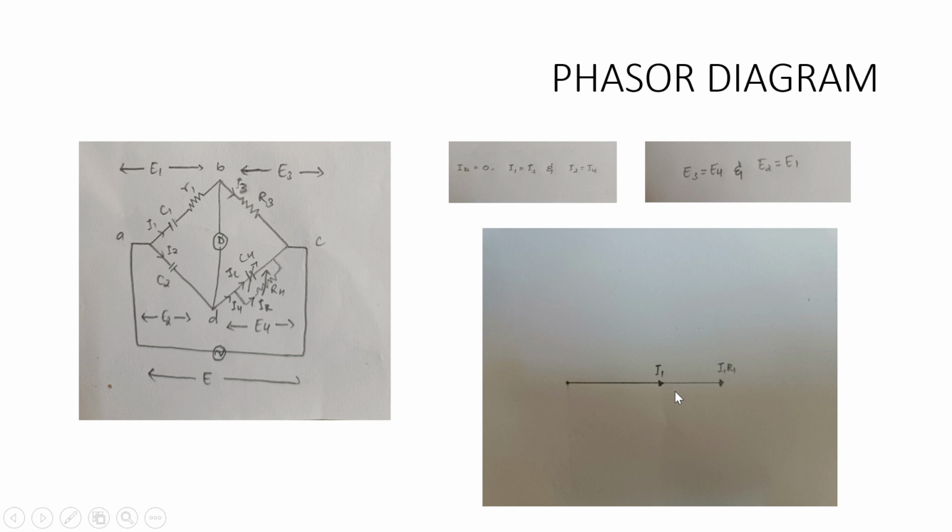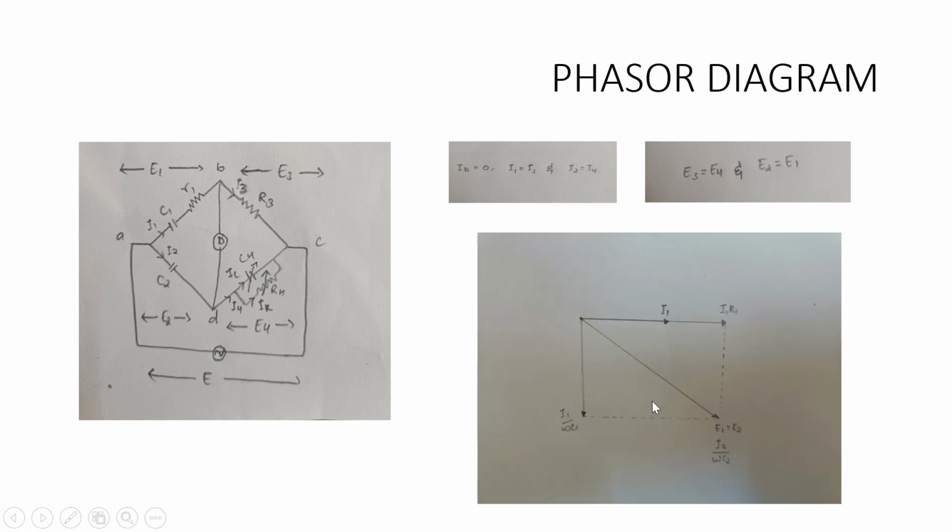of the reference line by I1 R1, which we know that the voltage in the capacitor lags 90 degree with current, so we draw a line downwards, which is I1 by omega C1.